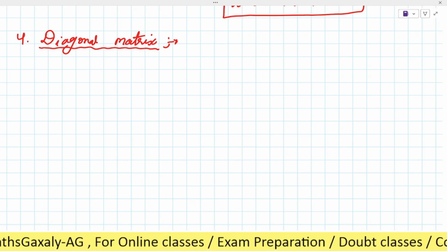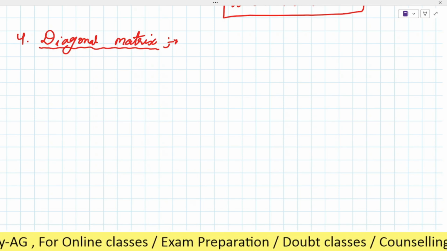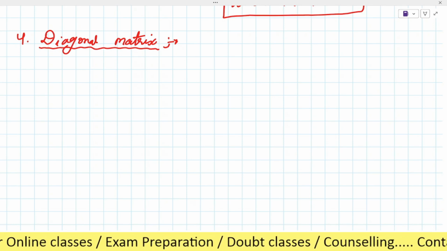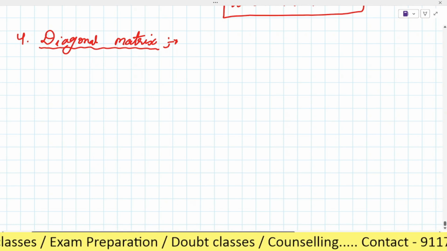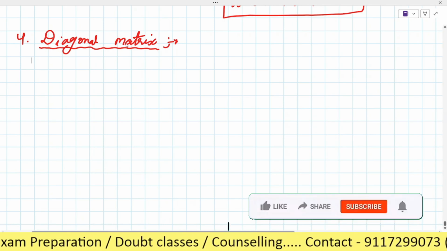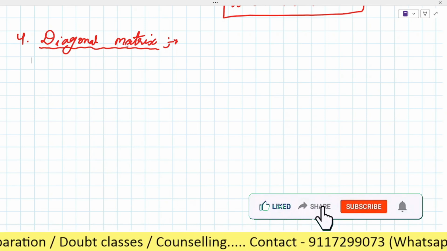So a matrix in which all the elements will be in the diagonal. Rest all other elements will be zero. That type of matrix will be known as a diagonal matrix.